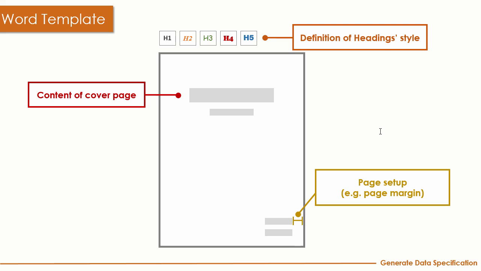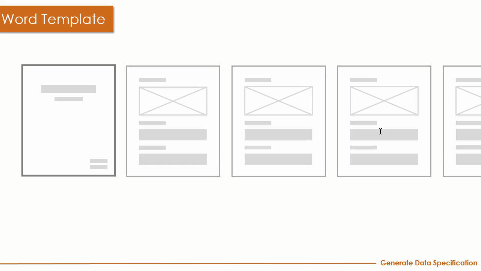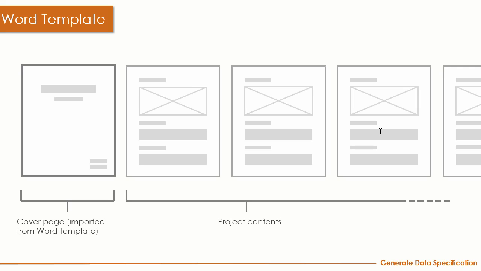You can set the page margin, etc. And then when you generate the documents, we will use your Microsoft Word template. We call it a template, but actually it is a Microsoft Word file only. Then it will put your cover page at the beginning, and then the content will follow in the rest of the document. Let me show you how it looks.